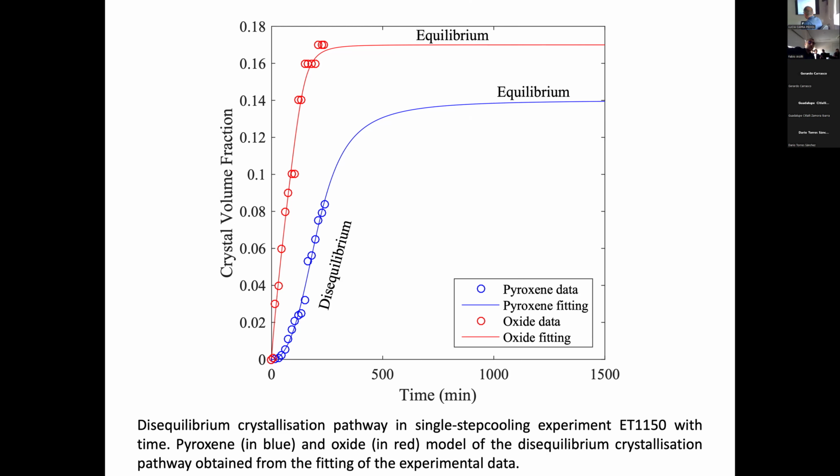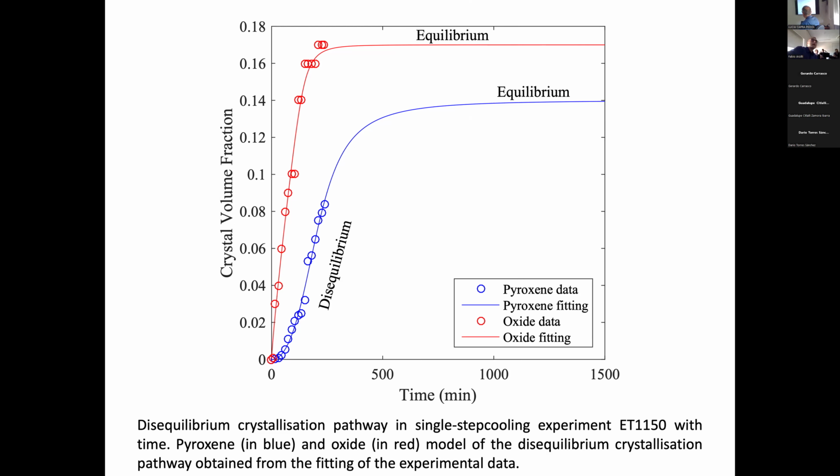And so what you can see is that the equilibrium at 1150 degrees Celsius should be achieved around more or less 500 minutes for the pyroxene, and less time for the oxides, around here. And then basically you don't have more growth.